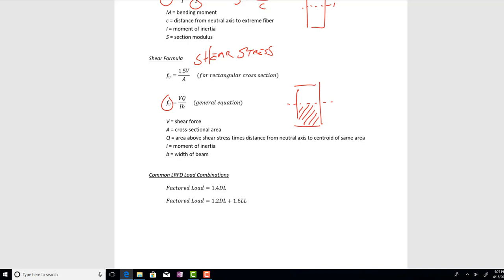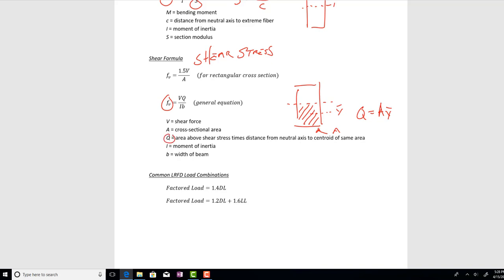So we'd have an area below right here. And also the distance from the neutral axis to the center of that area is equal to, I think we called it the y bar, that was the term that we actually used for that. And you'll remember that Q equals A times y bar.